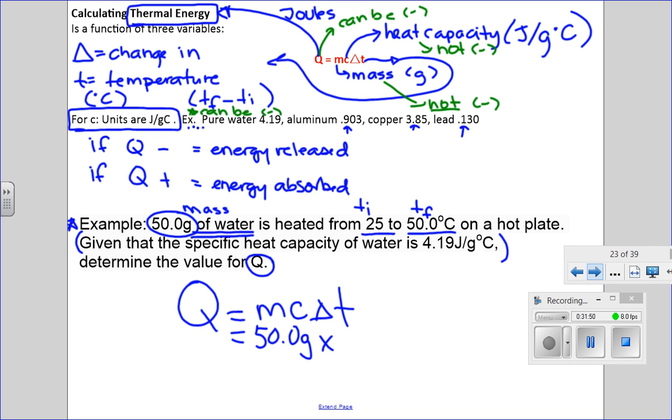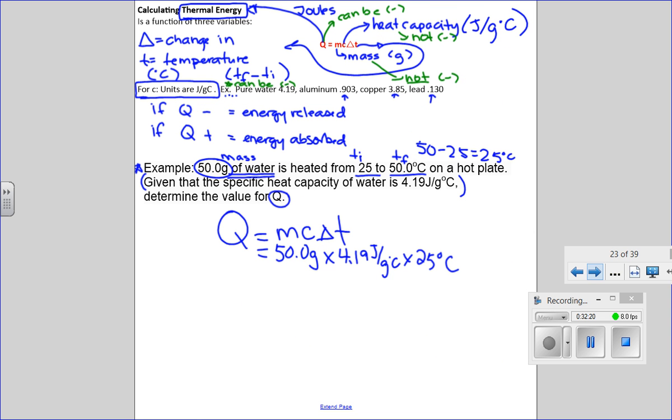The value of C, which is the heat capacity, is 4.19 joules per gram degree Celsius. And the change in temperature is final minus initial. 50 minus 25 is 25. So those are the numbers that I'm going to multiply together.